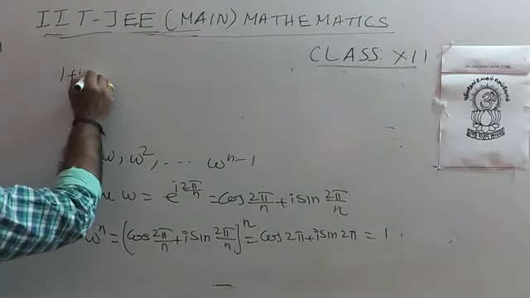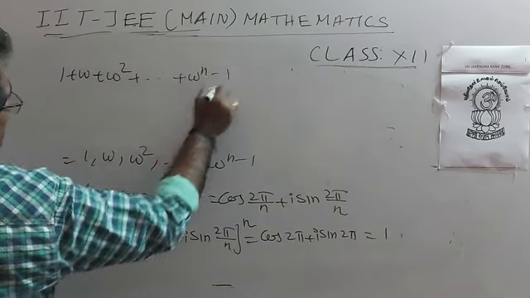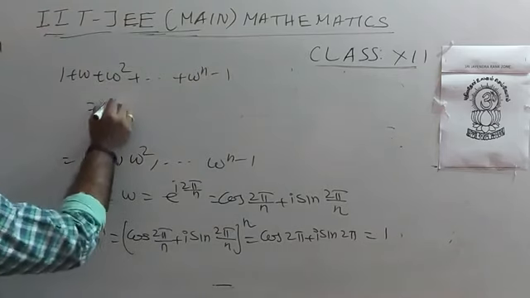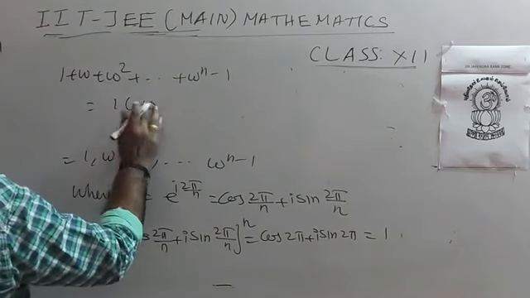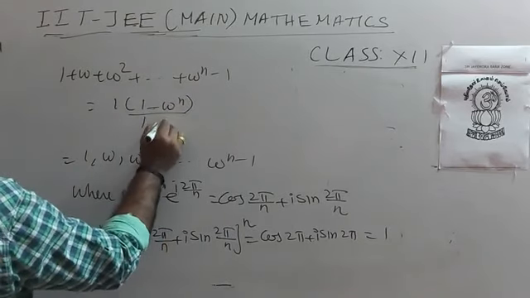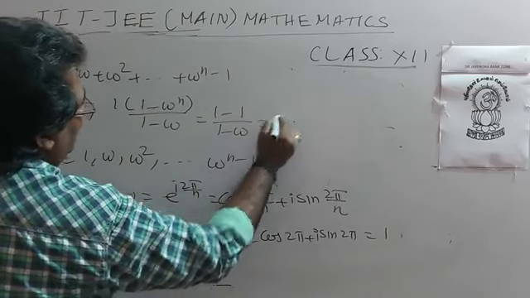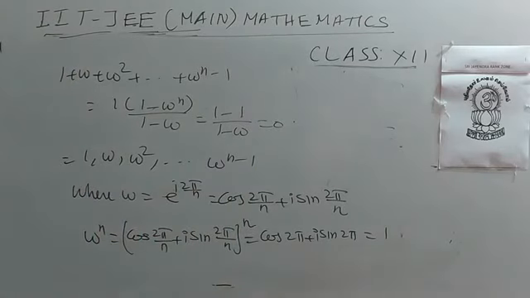Sum of nth roots of unity 1, omega, omega squared up to omega power n minus 1. This is a GP: a into 1 minus r power n by 1 minus r, r means omega, so 1 minus 1 by 1 minus omega, that is 0.